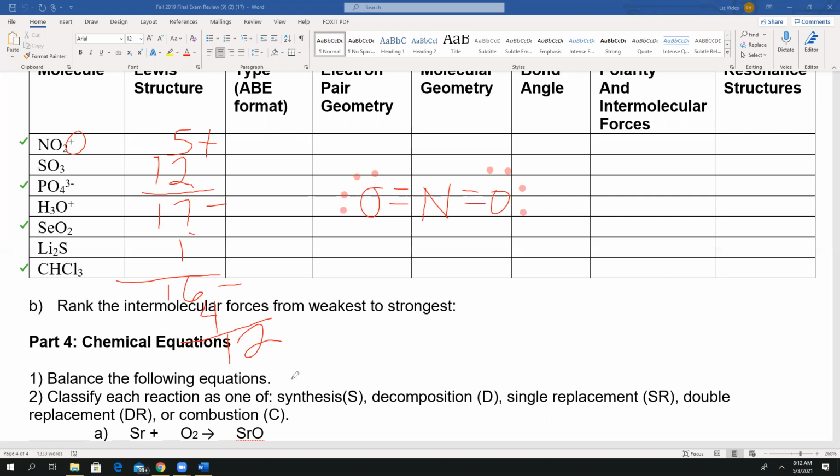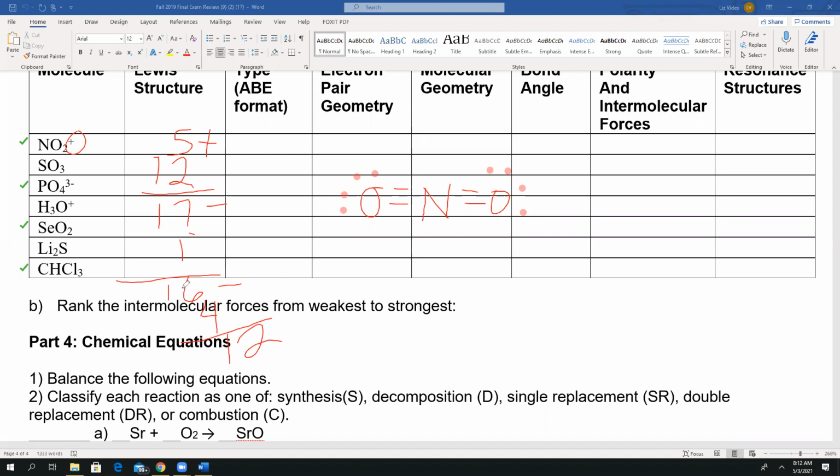You should have a total of 12 electrons used, in addition to the 4, so you have a total of 16, right? So that's correct.